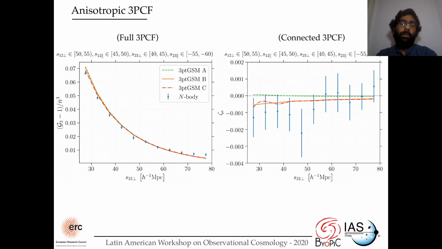Putting all this together, we show on the left hand side the full 3-point correlation function. Just to remind, the full 3-point correlation would be 1 plus psi plus psi plus psi plus theta, where theta is the connected part, and on the right hand side we show the connected 3-point correlation function.